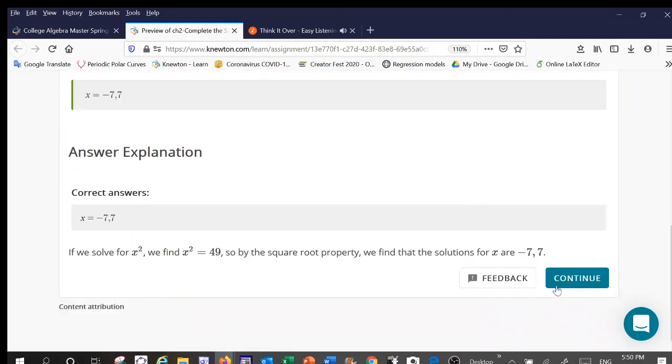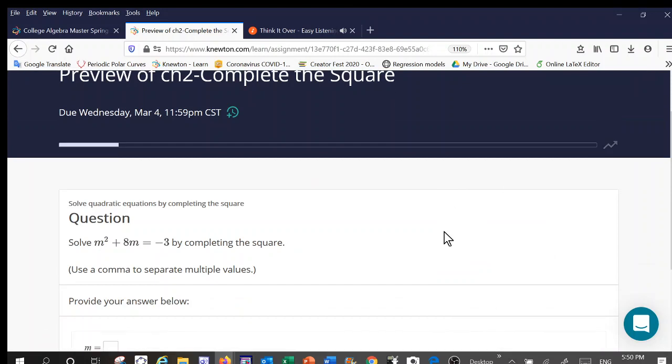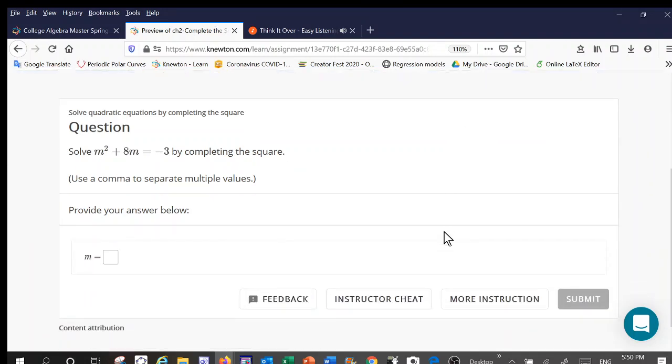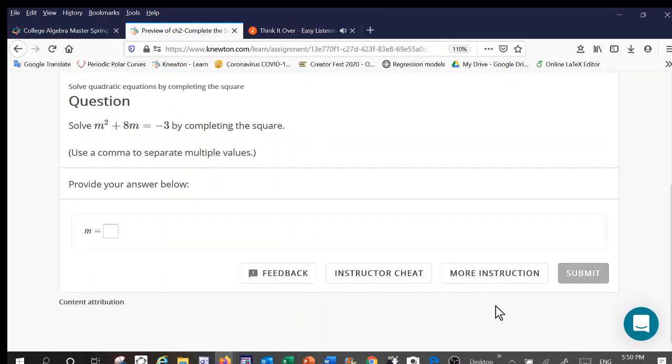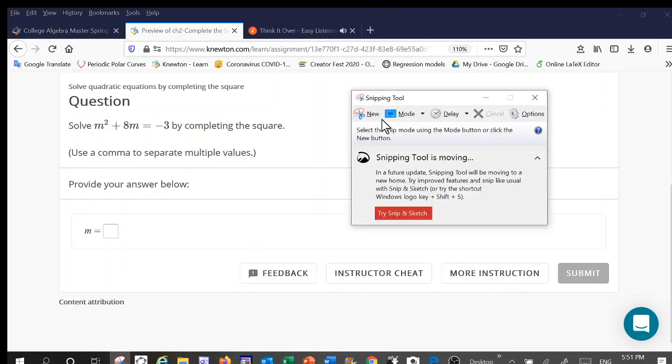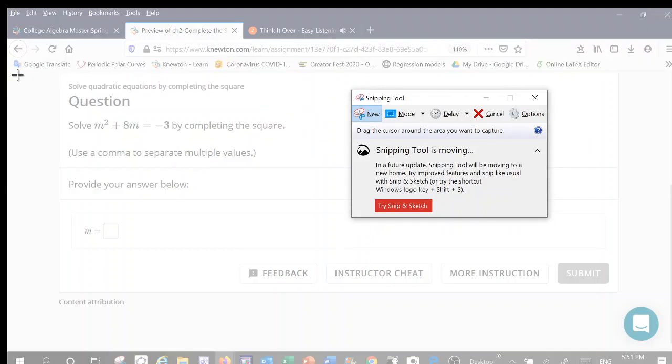All right, so let's do one more. Solve m squared plus 8m equals to negative 3 by completing the square. Okay, now here we have an example where we have to use that idea I just talked about. So let's do this.